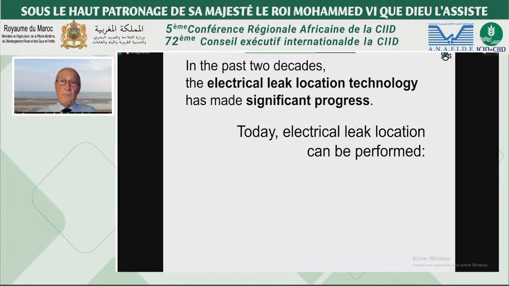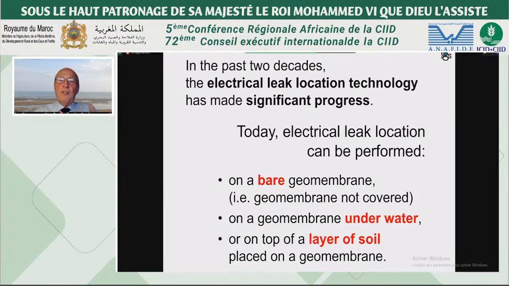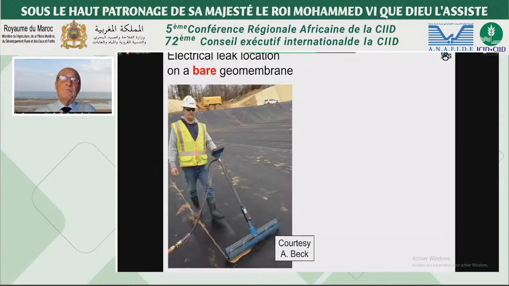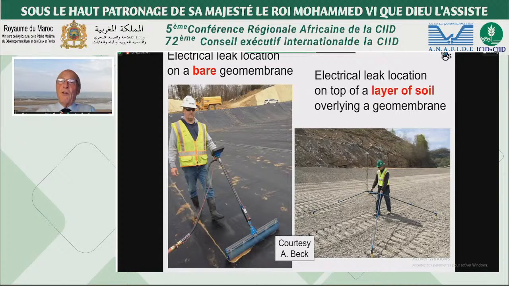So today, it can be performed on a bare geomembrane, which is a geomembrane not covered or not yet covered, on a geomembrane underwater, and on top of a layer of soil placed on a geomembrane. We see here electric leak location on a bare geomembrane and electric leak location survey on top of a layer of soil overlying a geomembrane.